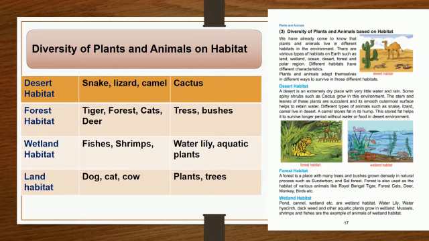Forest habitat. Tigers, forest cats, deer, etc. live in the forest, and just like them, trees and bushes also live in the forest. Wetland habitats. Fishes, shrimps, etc. live inside the water. Just like them, water lilies and aquatic plants also live inside the water. Land habitat. Dogs, cows, cats, etc. live on the land, and just like them, plants and trees also live on the land.